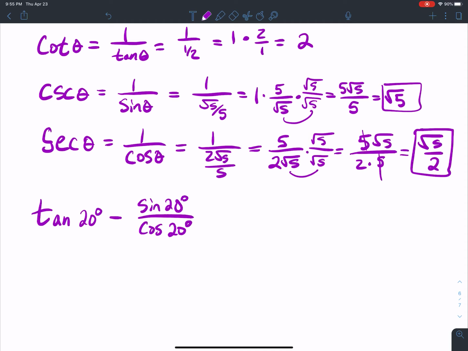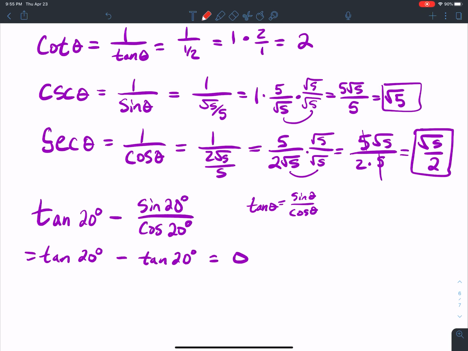Well, we know that this is equal to tangent. Remember, tangent theta is sine theta over cosine theta. So this is really the tangent of 20 degrees minus the tangent of 20 degrees. And a number minus itself is still 0.